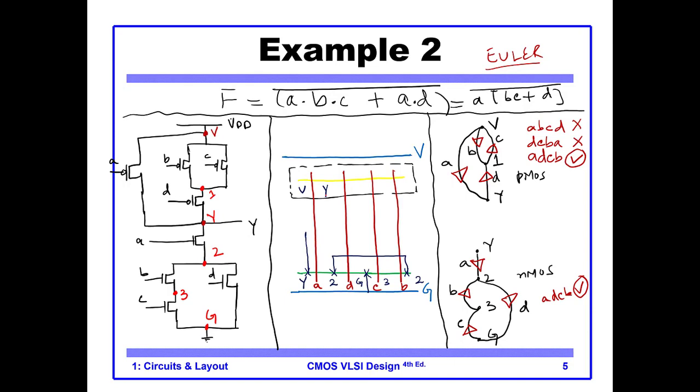Because the next one is D, and one end of D is connected to Y, so that's why I choose this one. Now for D, one end is Y and the other end is 1. Okay, the next one is C. So one end of C is connected to 1, the other end is connected to V. The next one is B. One end of B is connected to V and the other end is connected to 1.